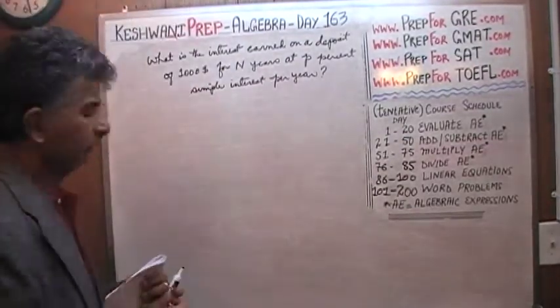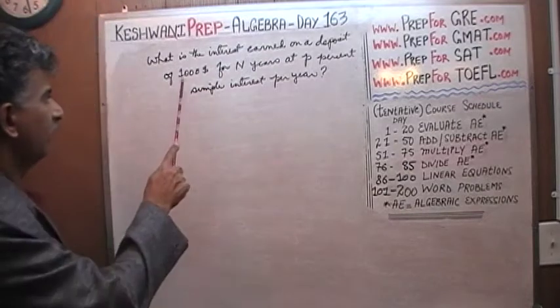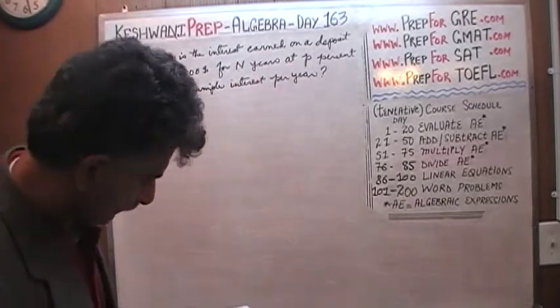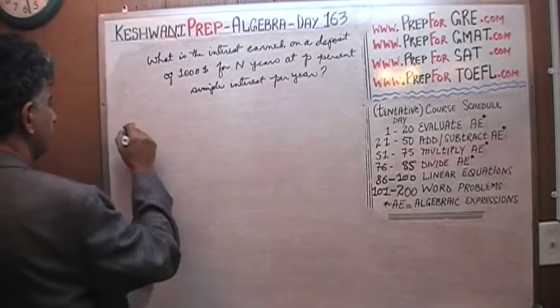So we are investing $1,000 for n number of years at p%. Here's the solution.